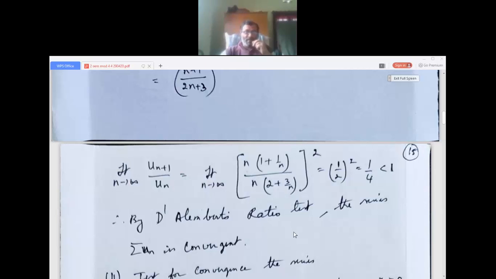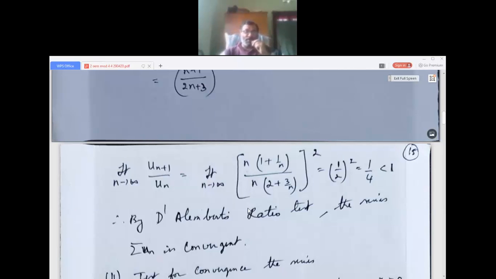So now by D'Alembert's ratio test, the series sigma un is convergent.